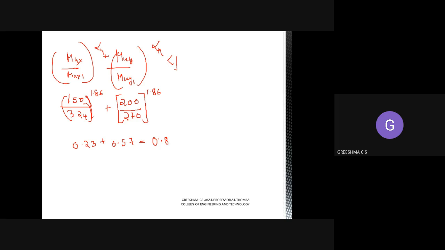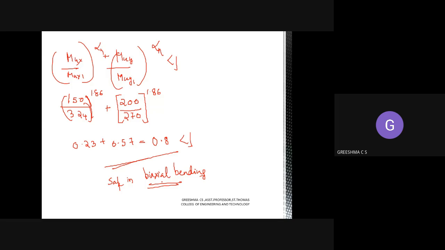Since 0.8 is less than 1, this means the column is safe in biaxial bending.